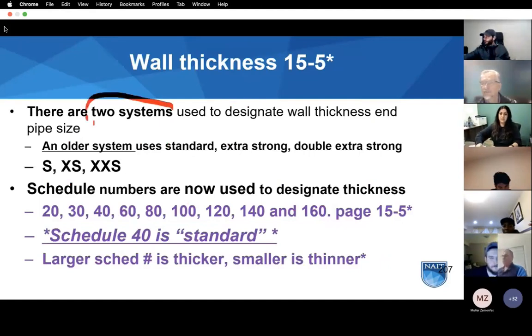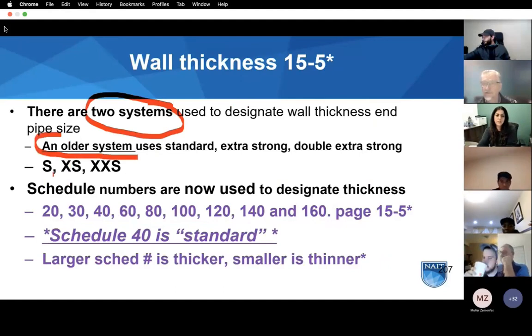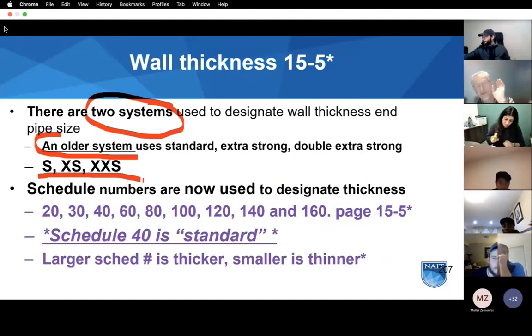So two systems, according to the textbook. One system used to be called S, XS, and XXS. So you could have standard pipe, you could have stronger pipe, and you could have really strong or really thick piping. Okay, now we've got schedule 20, schedule 30, 60, 80, 100, 120, 140, 160.